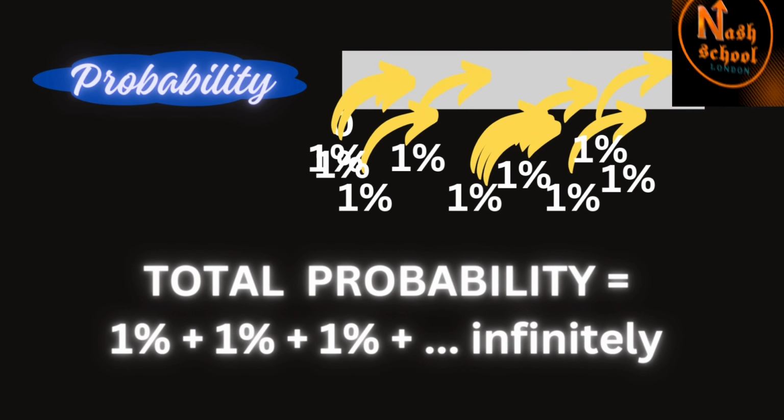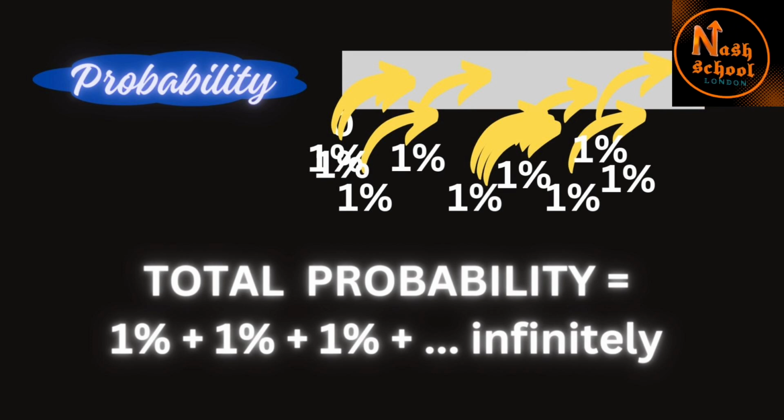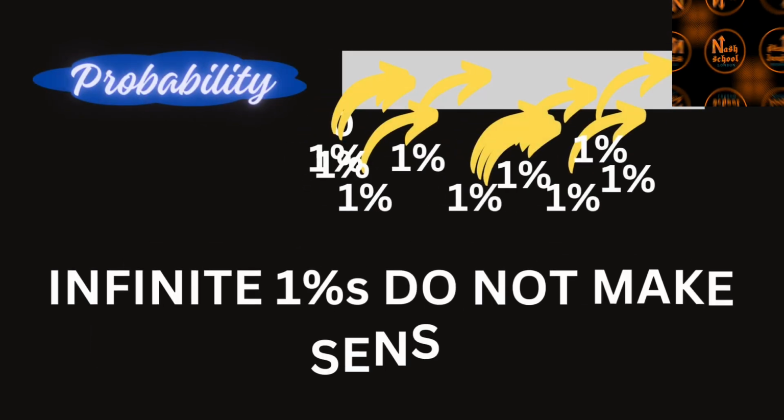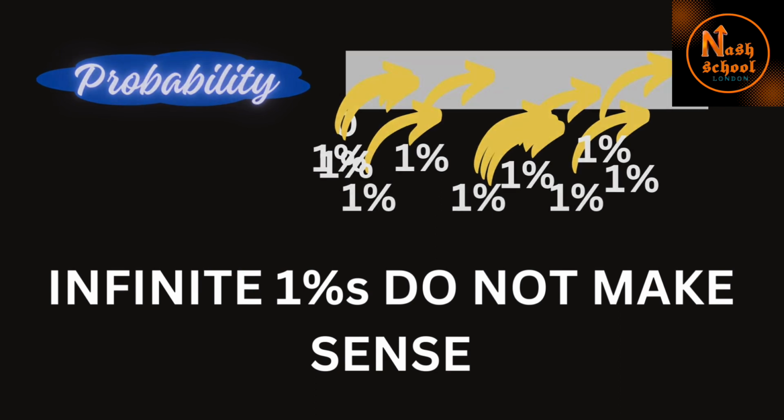If you're assigning 1% to 0.5, then you have to assign the same 1% to 0.75, the same 1% to 0.7, the same 1% to 0.65, and so on and so forth. But that wouldn't make sense, because the total probability must add up to 1, and you can't go on assigning 1% to every single number between 0 and 1, because there are infinite numbers and the total probability is going to shoot up to over 100%, which is 1.